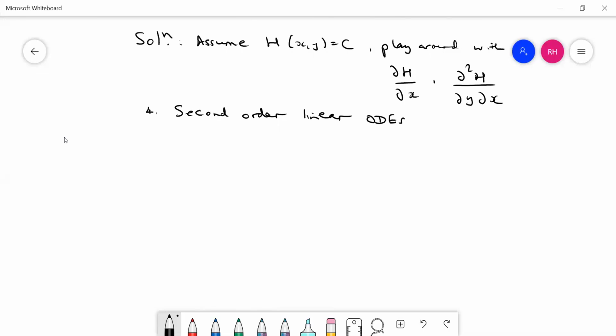Second order linear ODEs with constant coefficients.